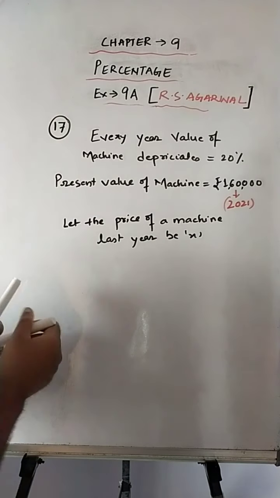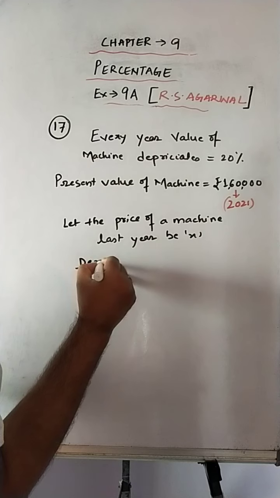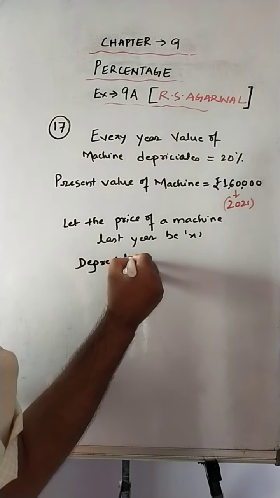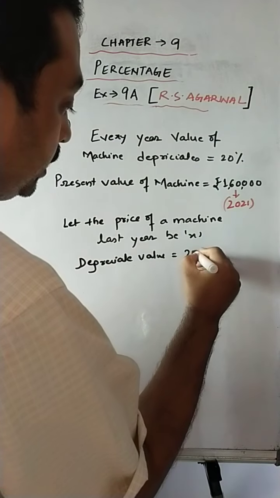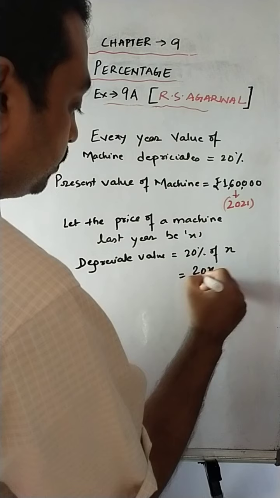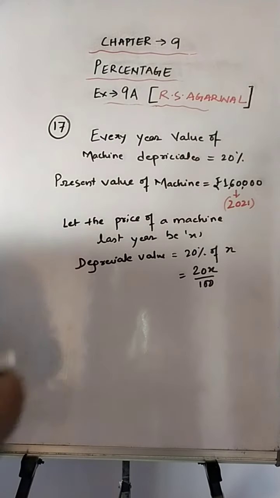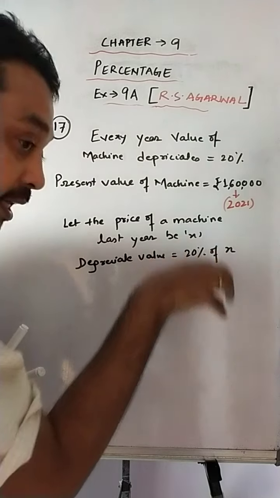So the depreciate value, or decreased value, is 20% of X, that would be 20X by 100. This is the price that will decrease.